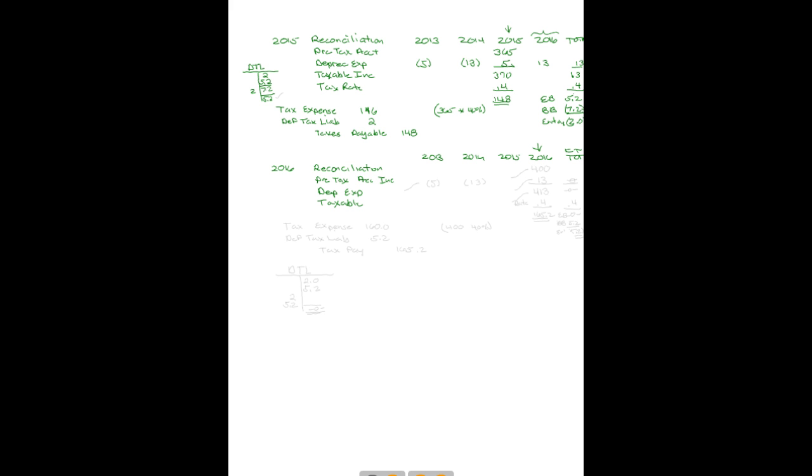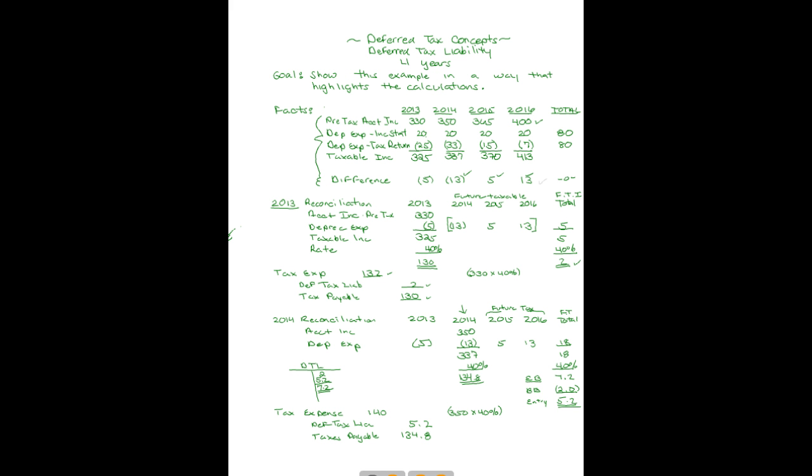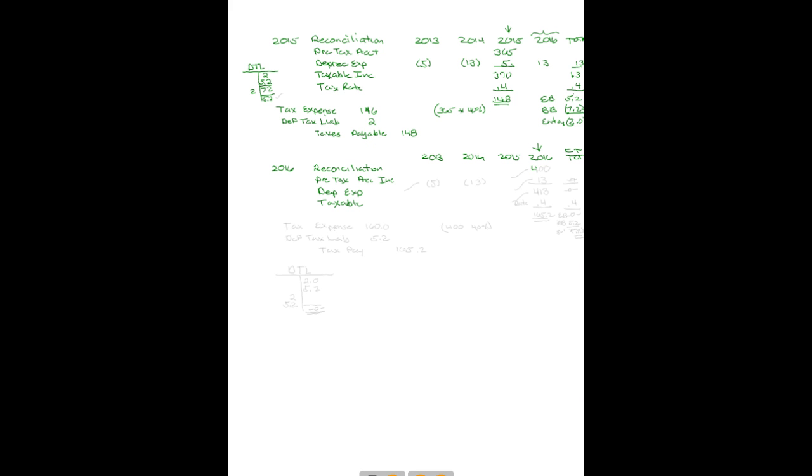If you'll recall, our income for 2016 was 400, and our tax difference was 13. So income 400, and this time our tax difference is 13, and we are adding that in because now it's less on our tax return. Depreciation is like that. More up front, less at the end.